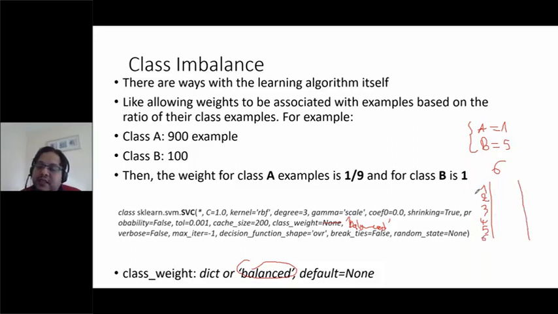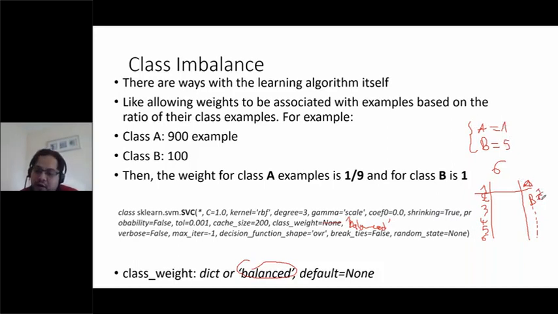This is class A, and these are all class B. So this one will receive something that can compensate for its small size. The coefficient for this sample will be here. They will stay the same, 1 out of 6. Or sorry, it will be 10, just to make it similar.